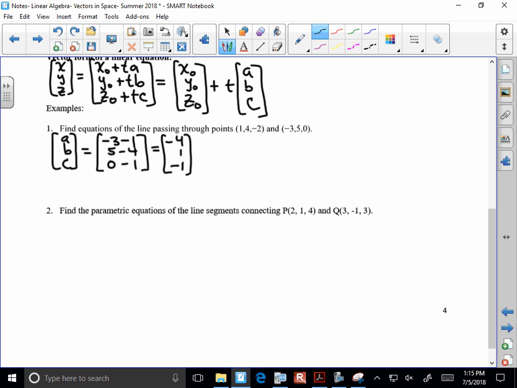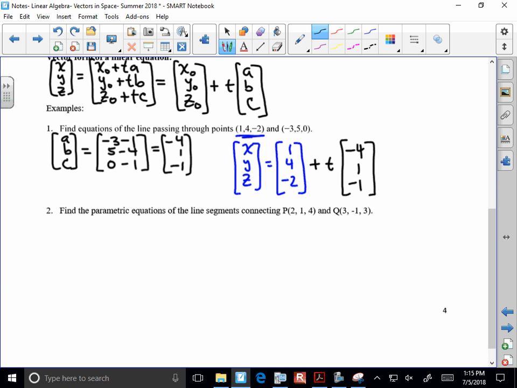So x, y, z would be equal to 1, 4, negative 2 plus t times negative 4, 1, negative 1.